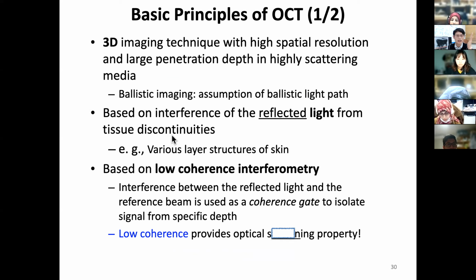We are depending on the reflected light, which works because our tissue has various layers, such as skin structures, intestinal layers, or cardiovascular blood vessels, which are layered structures. We are based on low coherence interferometry, using it as a coherent gate. So this low coherence provides the optical sectioning property, and this provides your axial resolution.